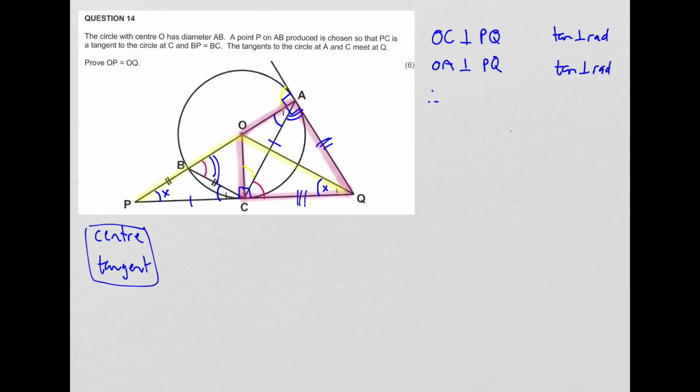And then we can conclude that AOCQ is cyclic. And the reason for that is the opposite angles are supplementary. All right, and now that we know it's cyclic, we can start going into the actual proof.